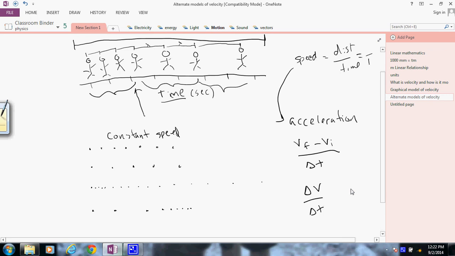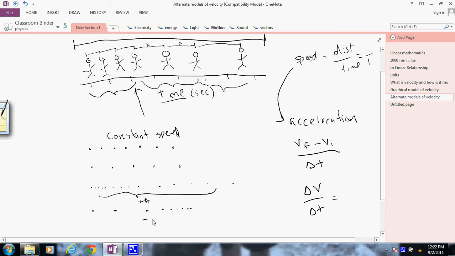Let's say over this range right here, we have a positive acceleration. We're increasing our speed. Whereas in this region here, we have a negative acceleration. We're slowing down.